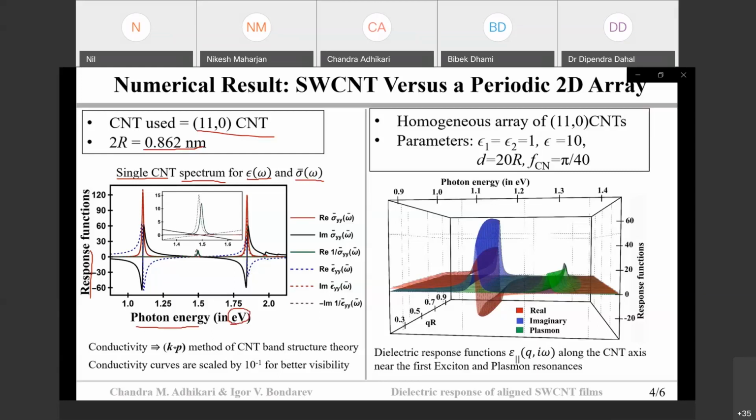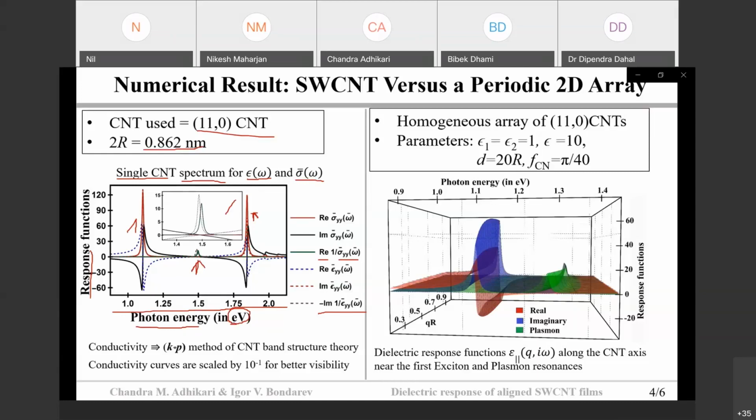If we check this window of photon energy, we are going to have two exciton resonances and a plasmon resonance. By plasmon resonance, I mean that this is the real part of 1 over conductivity, which is the solid curve here, or the negative imaginary part of 1 over the dielectric response function, which is the dashed curve over here.